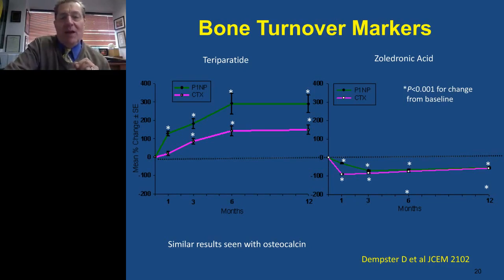Again with the anabolic agent, the faster and earlier rise with an anabolic marker, P1NP, but then later on a rise in the CTX. On the right-hand side with the anti-resorptive agent, the faster drop in the resorption marker, the CTX or C-telopeptide in the red, followed by the drop in the bone formation marker, the P1NP. Underpinning again the known biology of a coupling of bone cell lines.